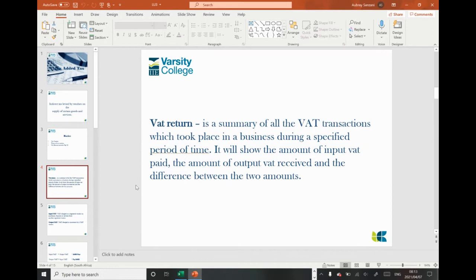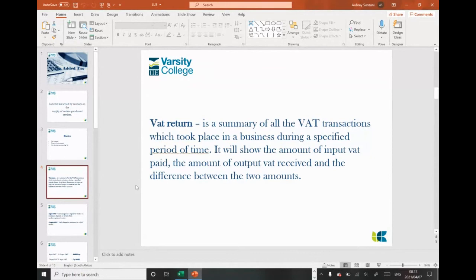It's a summary of all the VAT transactions which took place in a business during a specific period. So if you are returning VAT every 2 months, it's going to pertain to just those 2 months prior to when you submit it. Every return is for a specific period.